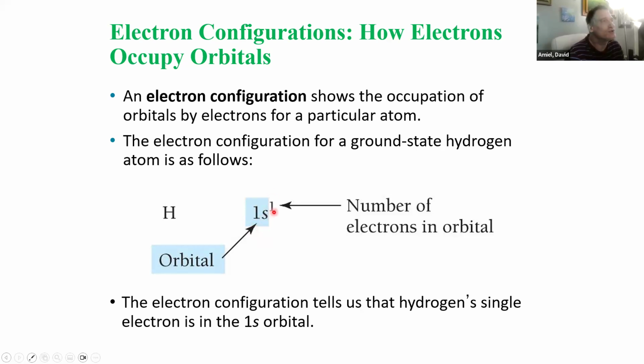And the superscript on the right side of the letter tells you the number of electrons in that orbital. That number can never be higher than 2 because only 2 electrons fit in each orbital. The electronic configuration of hydrogen is given as 1s1.